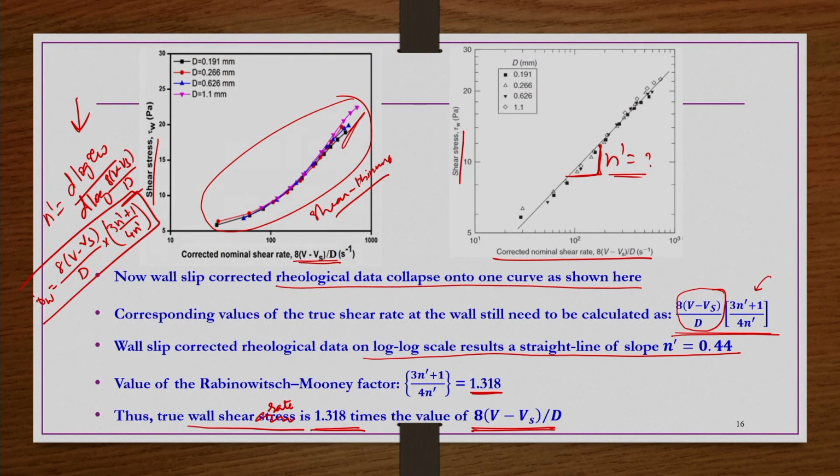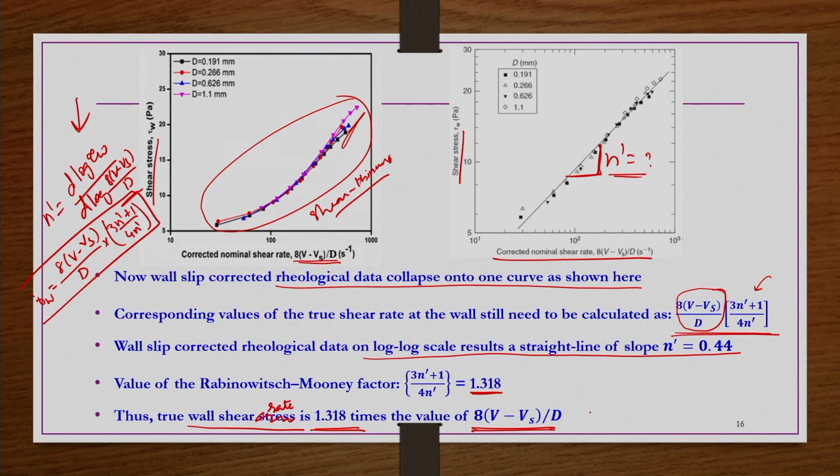To get the true shear rate information, the 8(V minus Vs) by D columns in the previously tabulated results should be multiplied by 1.318.